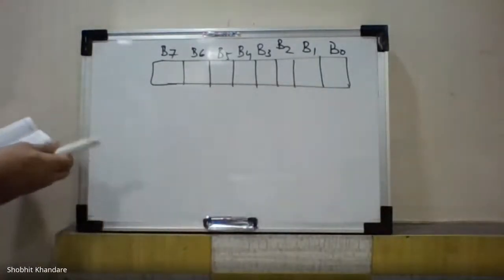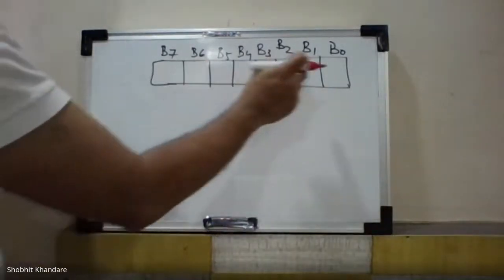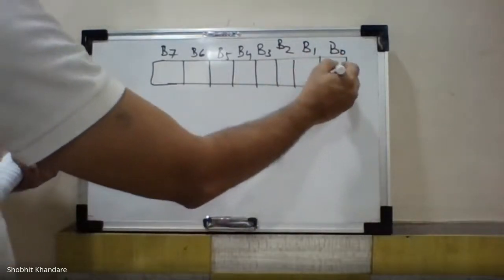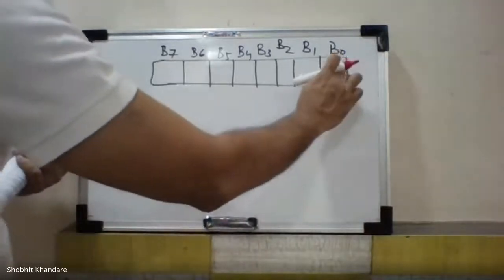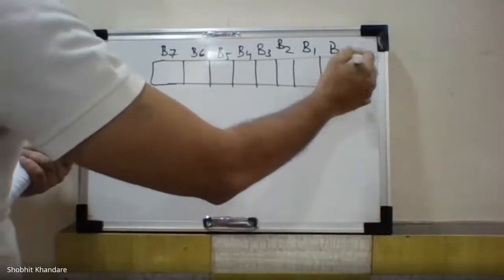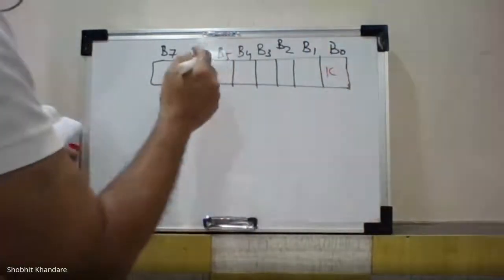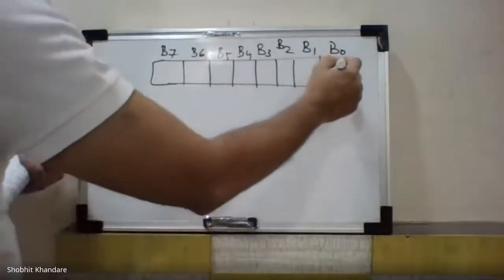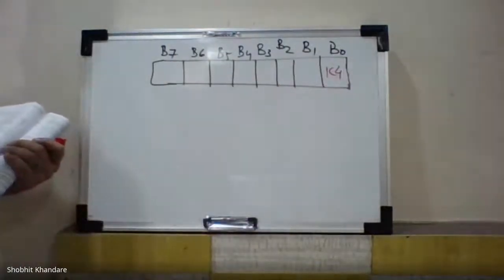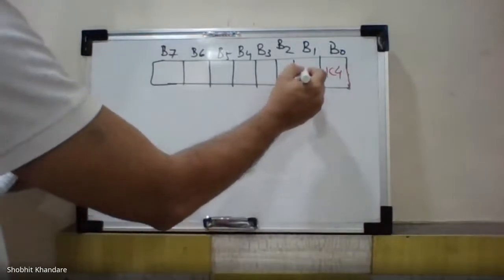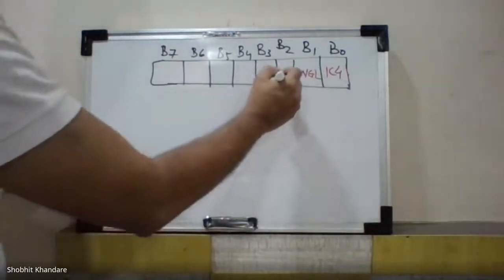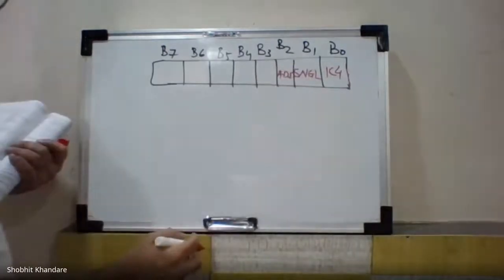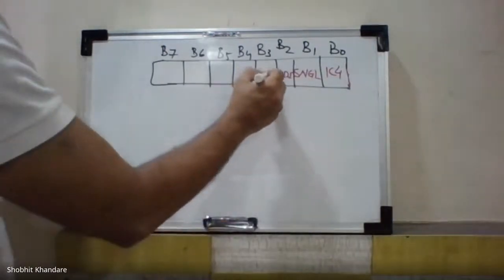The significance of the first bit is IC4. This is SNGL, this is ADI, this is LTIM.